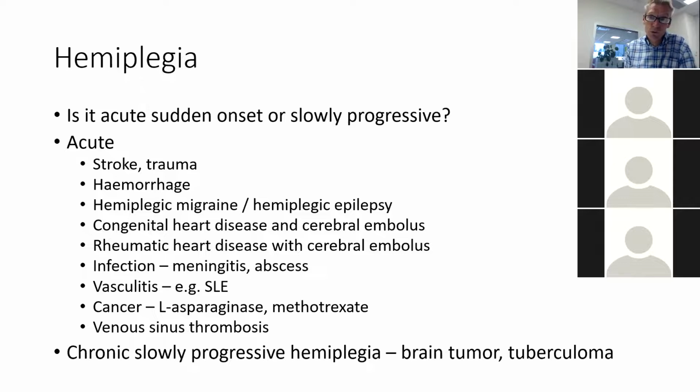There's lots of different causes of a hemiplegia, and the overall examination can help you with that. For the slowly progressive hemiplegia, a brain tumor or a tuberculoma are the top of the list of causes.